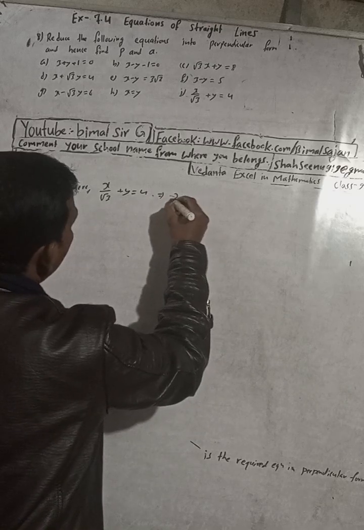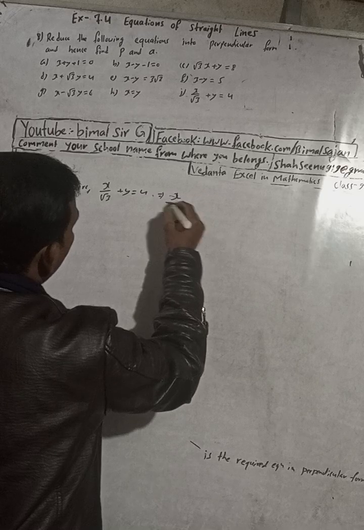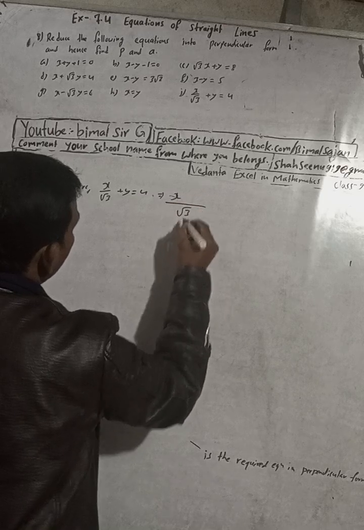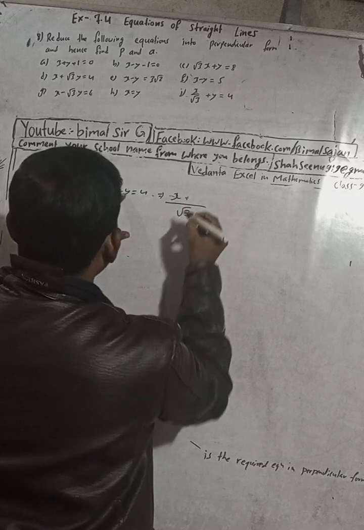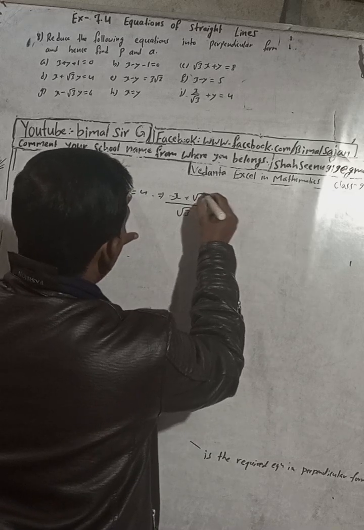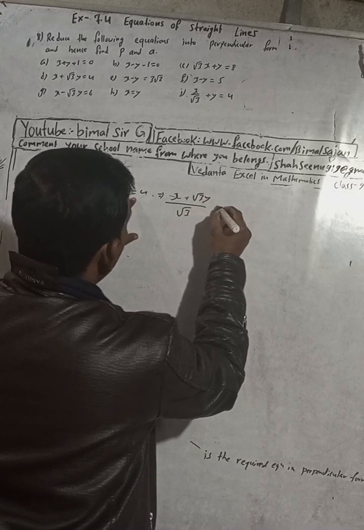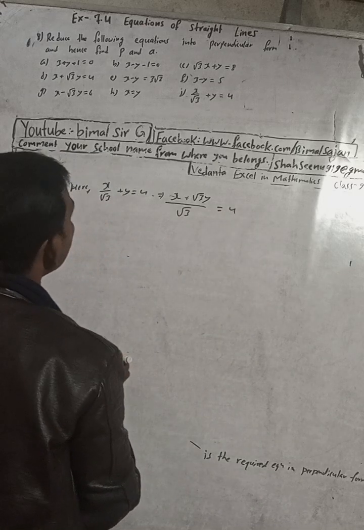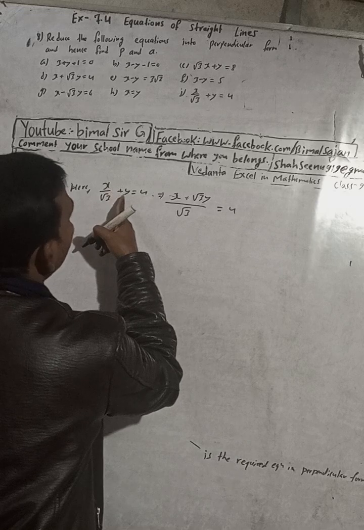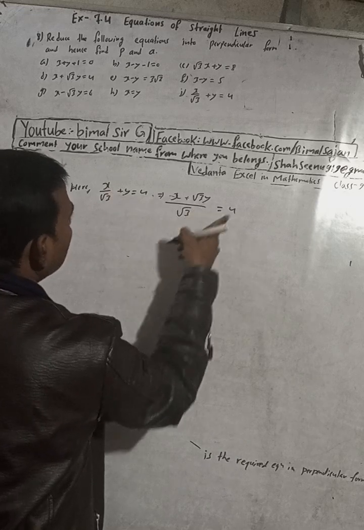This can be written as x, LCM is root 3. So this can be written as x plus root 3y is equal to 4. Okay, x plus root 3y is equal to 4.